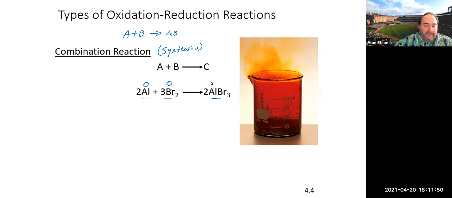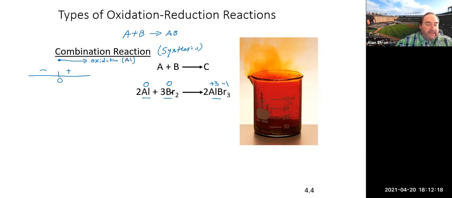Aluminum in this configuration is +3 and bromine is -1. If we think about our number line, aluminum is starting at 0 and heading towards +3, in this direction, right? And going more positive means that the aluminum is going through oxidation.